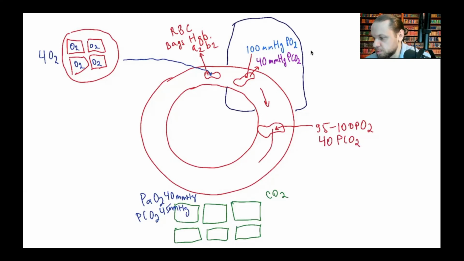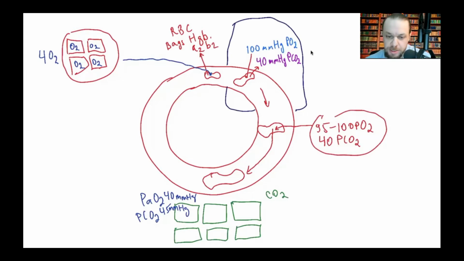This red blood cell is going to be making its way here. And when it arrives to the cells or to your distal circulation, we said it's about 95 to 100 PO2 and 40 PCO2, carbon dioxide. So the flow is always from high pressure to low pressure.